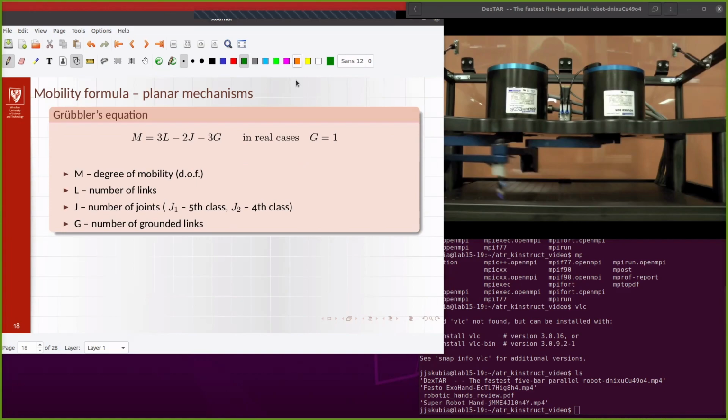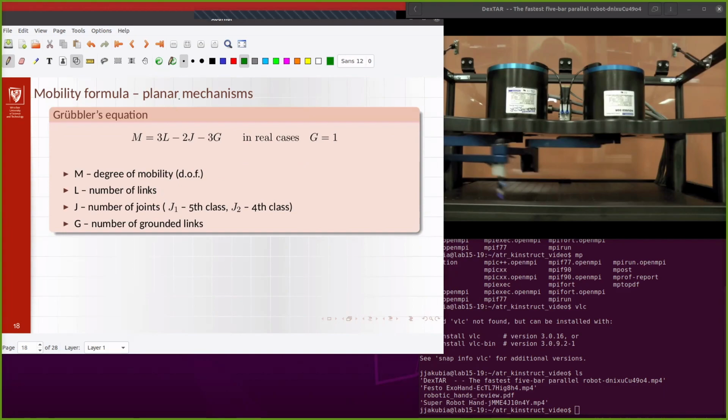So the mobility formula says how many degrees of mobility, degrees of freedom, we have in our mechanism, and how to calculate it depending on the number of links that we have.